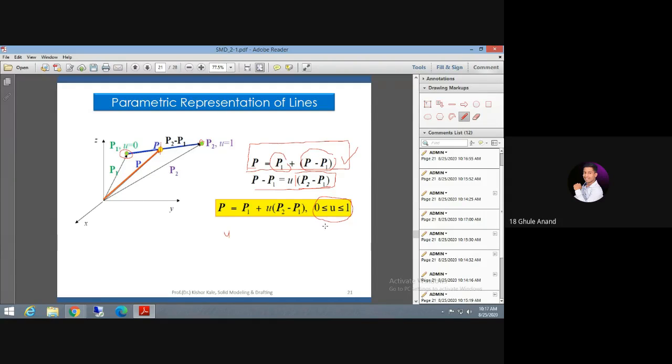Now, for your time's sake, assume that P is exactly in the middle of P2 and P1. For example, P is exactly at the center between P2 and P1. Now what will the value of U be in that case?